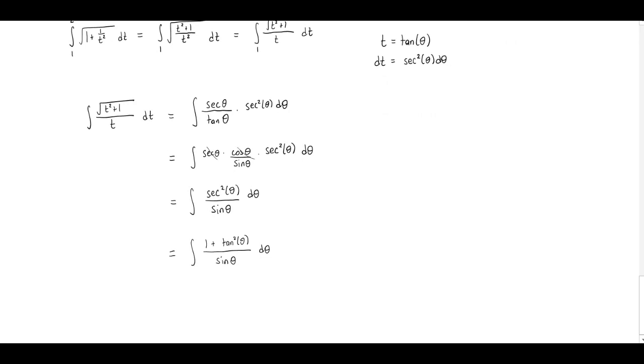So I guess I'm going to split this into 2. So I'm going to rewrite 1 over sine as cosecant. Okay. And then let's look at the tangent squared over sine. So what I'm going to do for that one is rewrite tangent as sine squared over cosine squared.